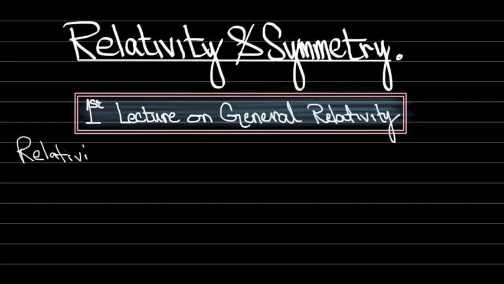So what is relativity, right? Well, when you say that the laws of physics take the same form for all observers in an inertial frame, right? An inertial frame over here is a frame that's non-accelerating.